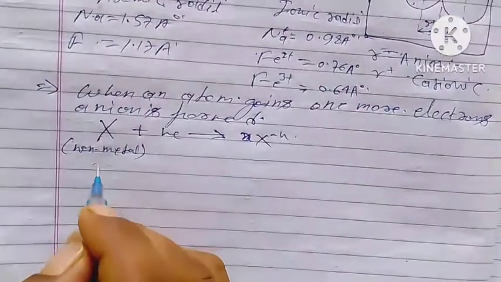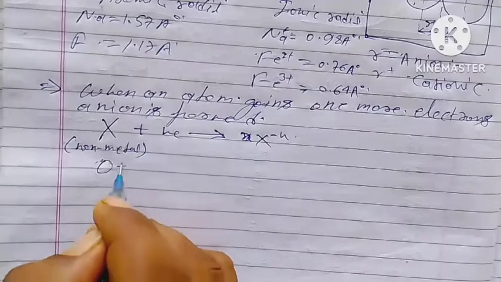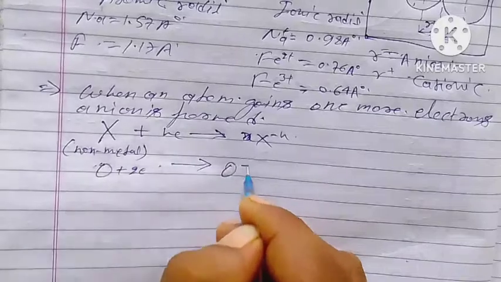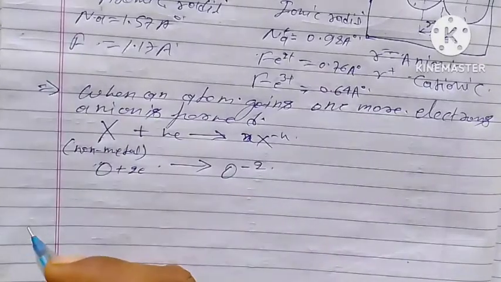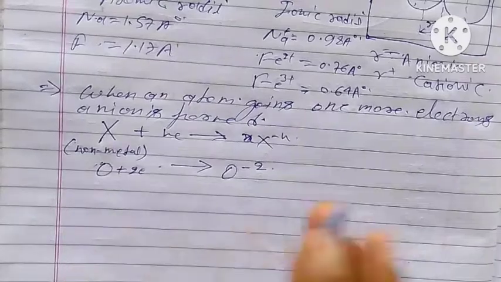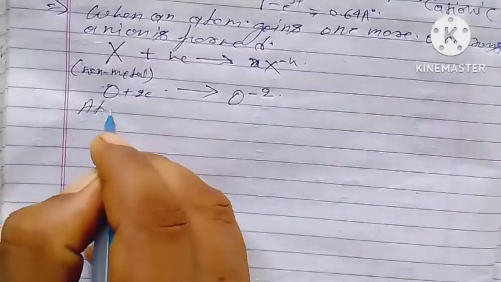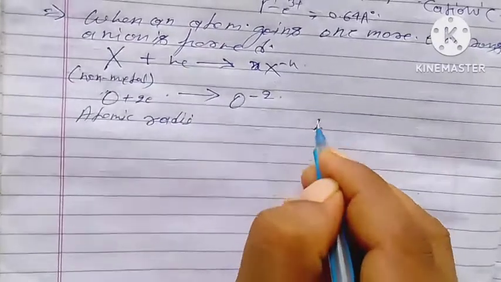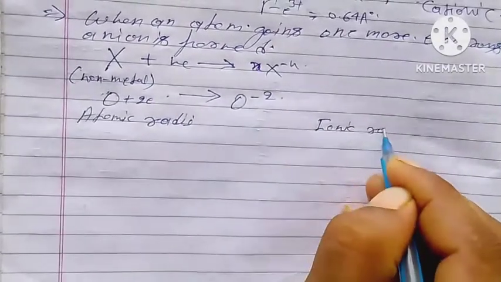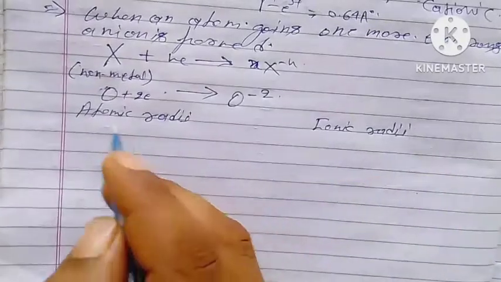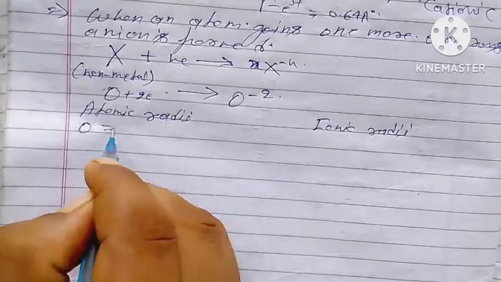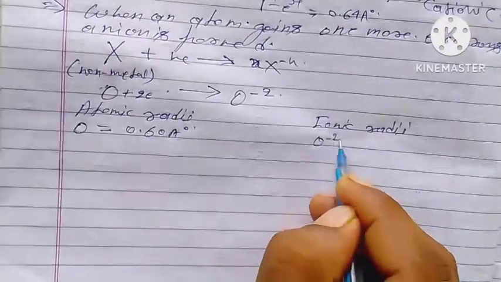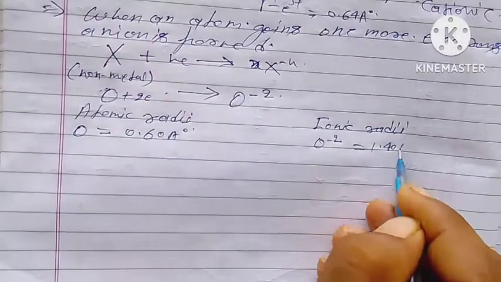As an example, we take oxygen: O plus 2e gives O minus 2. Atomic radius of oxygen equals 0.60 angstrom, ionic radius of O minus 2 equals 1.40 angstrom.